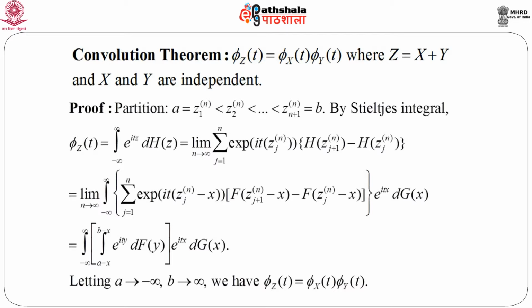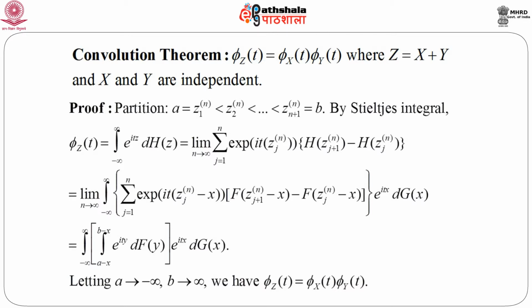Since we are considering the partition a to b, this converges to the integral from a to b, and after transforming the variable z minus x equals y, we get this inner integral from a minus x to b minus x of e to the power ity dF(y), and the whole thing multiplied by e to the power itx and integrated with respect to G(x).